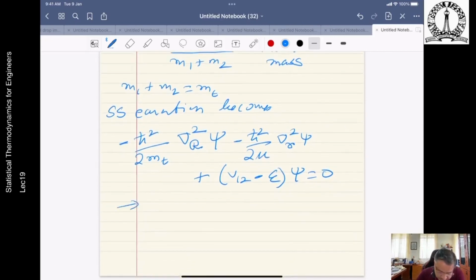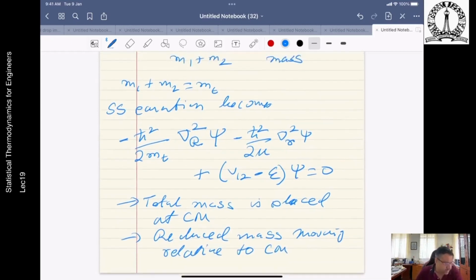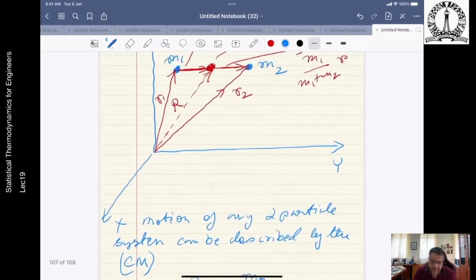So the implication is that the total mass is placed at the CM. The reduced mass is moving relative to the CM. Okay, all right. This is how the separation happens.